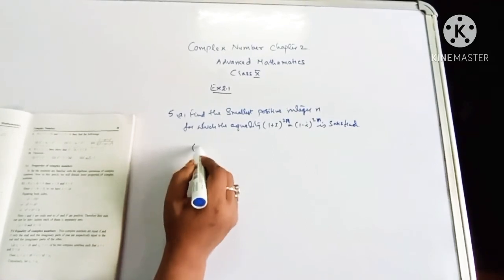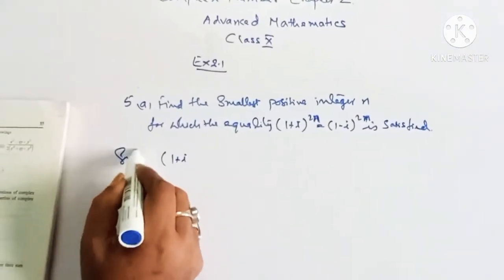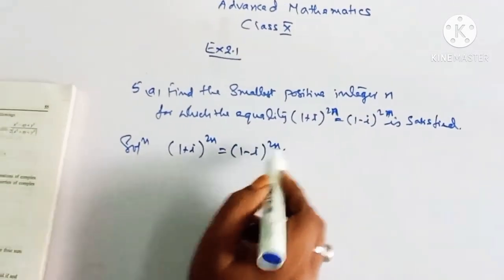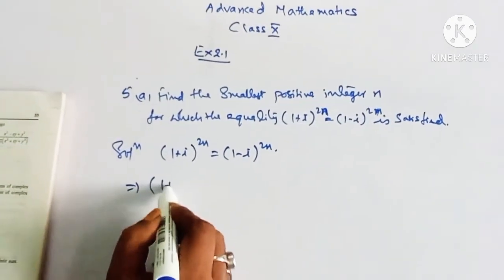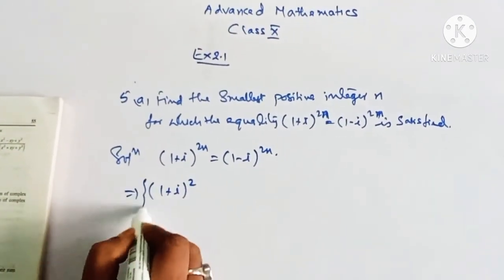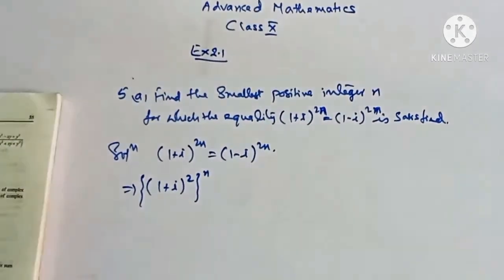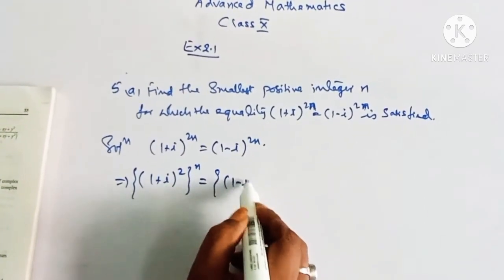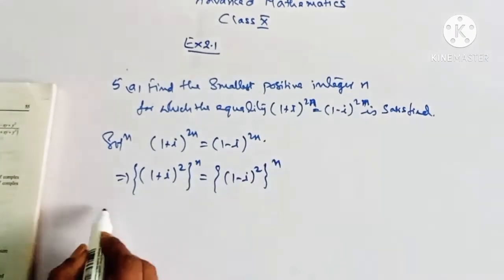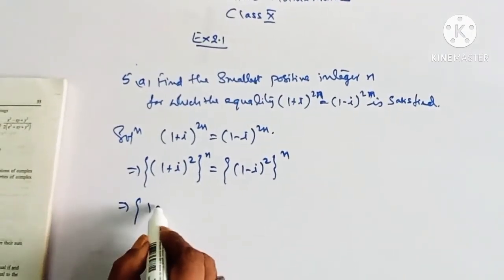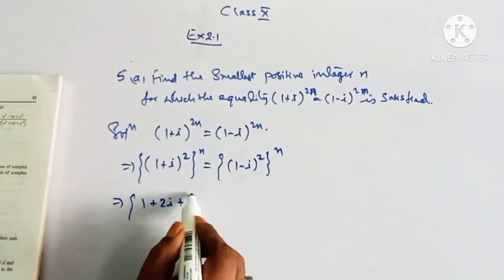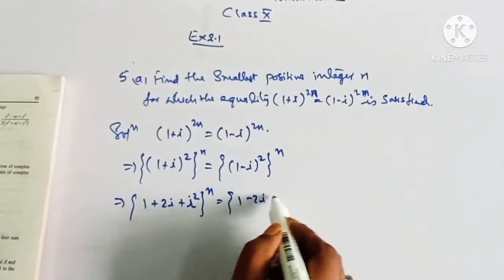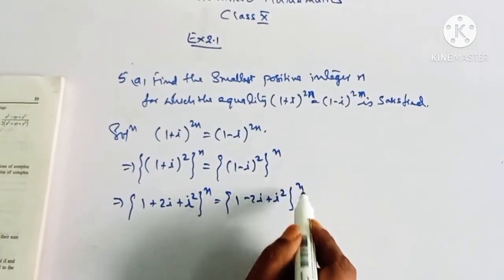So here 1 plus i to the power of 2n is equal to 1 minus i to the power of 2n. We can write this as 1 plus i square to the whole power n is equal to 1 minus i square to the whole power n. Now the formula: 1 plus 2i plus i square to the whole power n, 1 minus 2i plus i square to the whole power n.